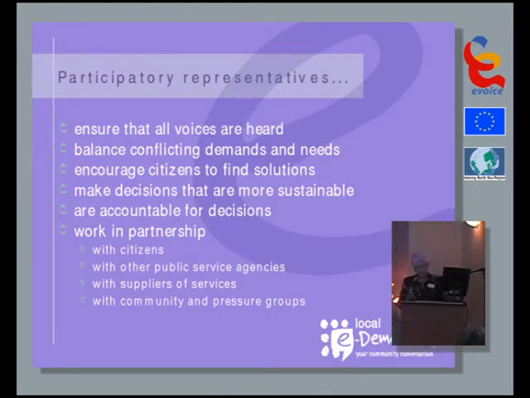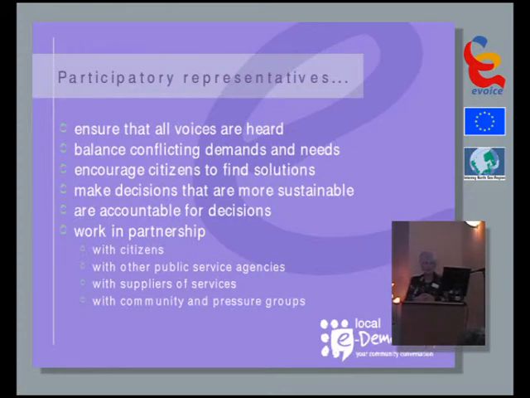Now, in my view, the role of a participatory representative is this. It's to ensure that all voices are heard, to balance the conflicting demands and needs, to encourage citizens themselves to find the solutions, not to impose solutions on them, to make decisions that are more sustainable.